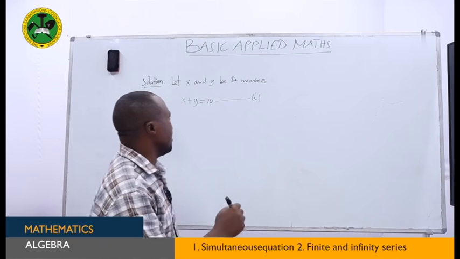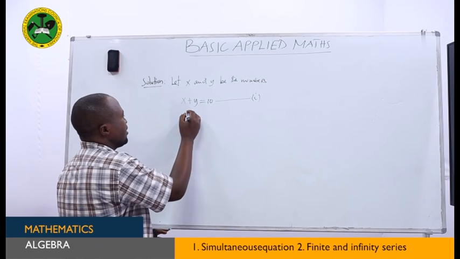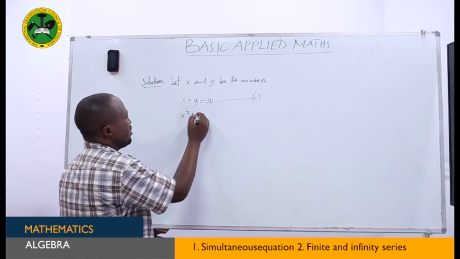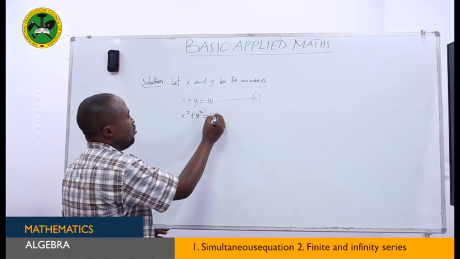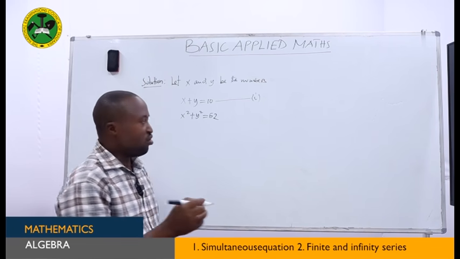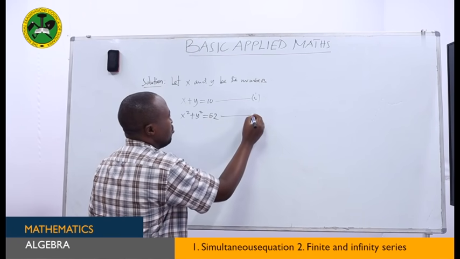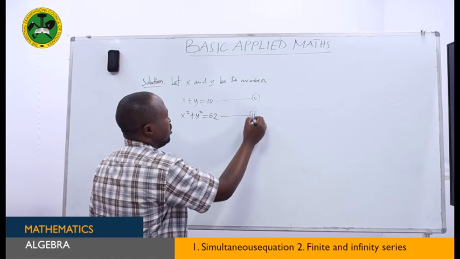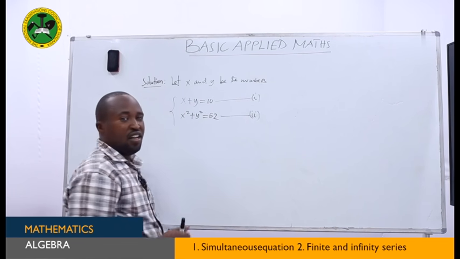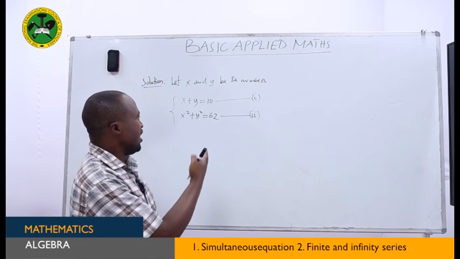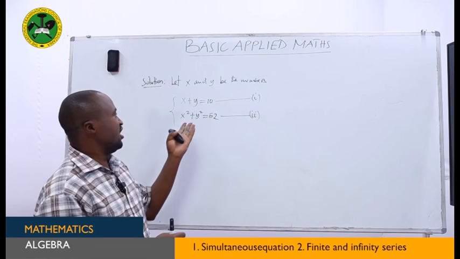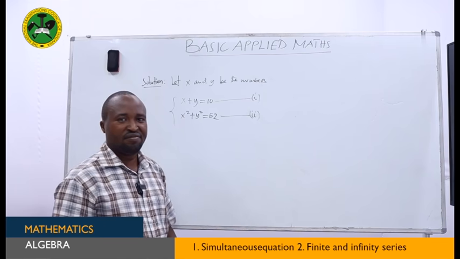That is x squared plus y squared, which is equal to 52. Now call this equation 2. Now, my dear student, we have two equations. Let us see how we are going to solve such a simultaneous equation.